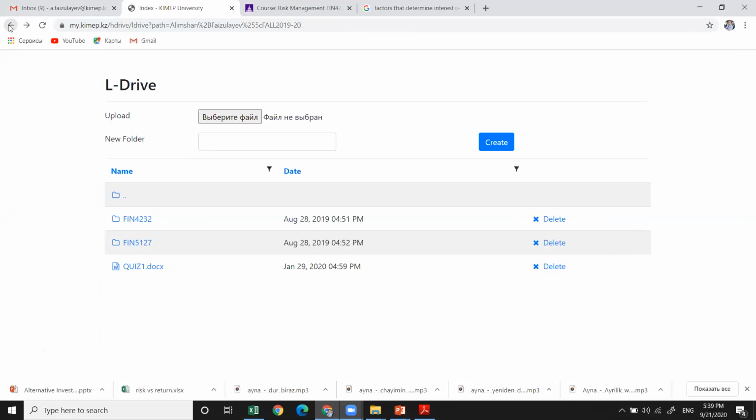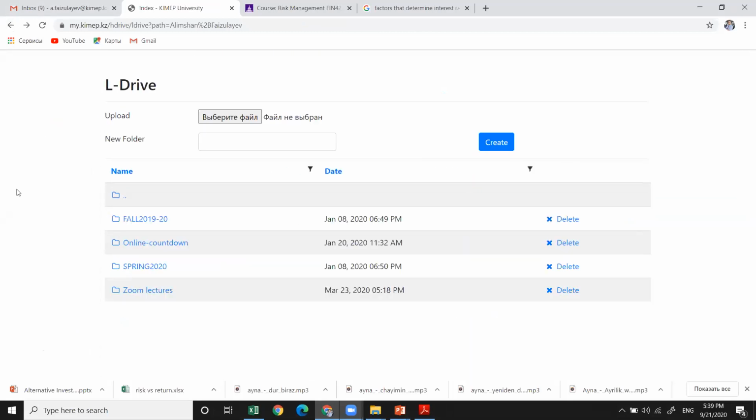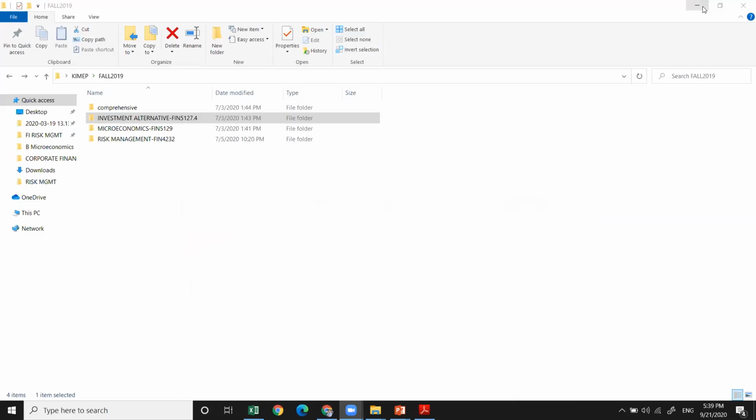No, we don't have it here actually. But maybe here. No, it's not here. But I will put it in L Drive. You can download the program, Stata, from L Drive. I will show you now how it looks.